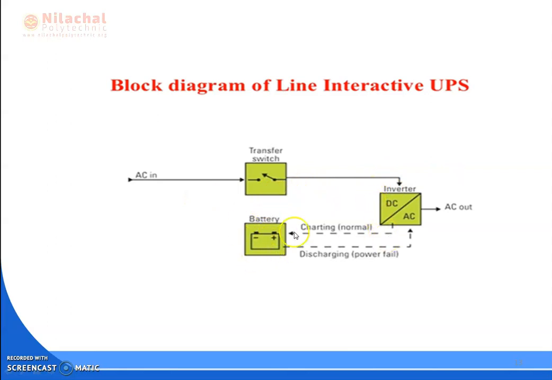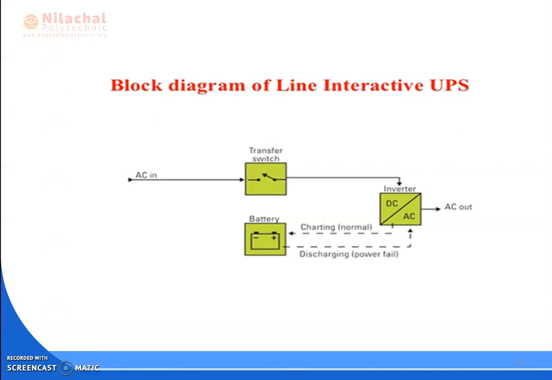Rather, the battery that is already charged when the AC was present will discharge its power in order to get AC output again. So this is the basic working of our line interactive UPS, where the inverter plays a very vital role in getting the AC output.